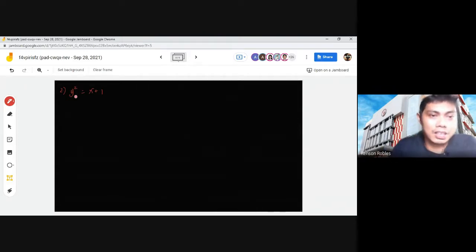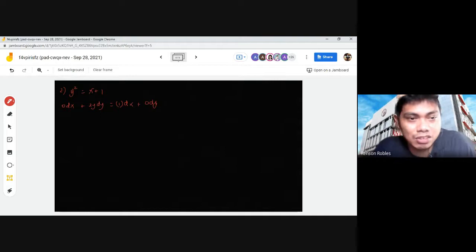Okay? So derivative of y squared in terms of x, obviously 0 dx. Plus derivative of y squared in terms of y. So that's 2y dy. Right? Equals derivative of x in terms of x. That's 1 dx. Plus derivative of x in terms of y, that's 0 dy. Once again, kapag kabisado nyo na ang process, you can just eliminate those zeros. Okay?